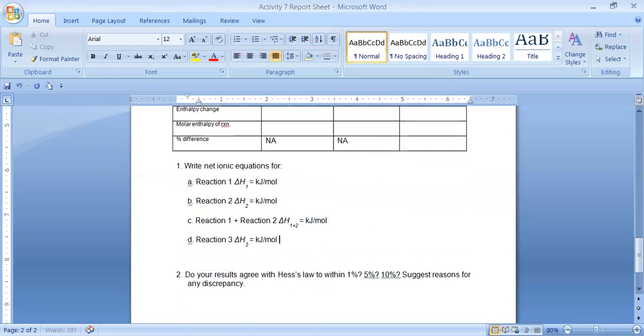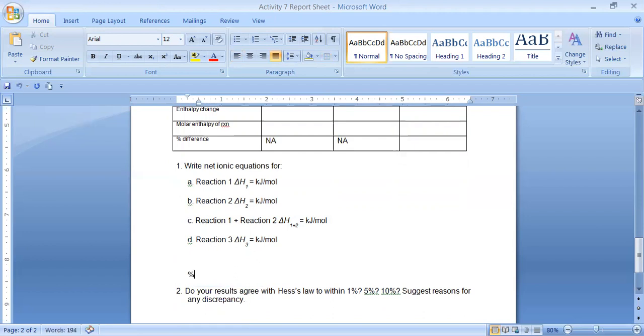For the reaction 3, you are going to use this equation: percent difference is equal to D minus C divided by the value of D times 100%. This is how you are going to calculate the percent difference of your third reaction.